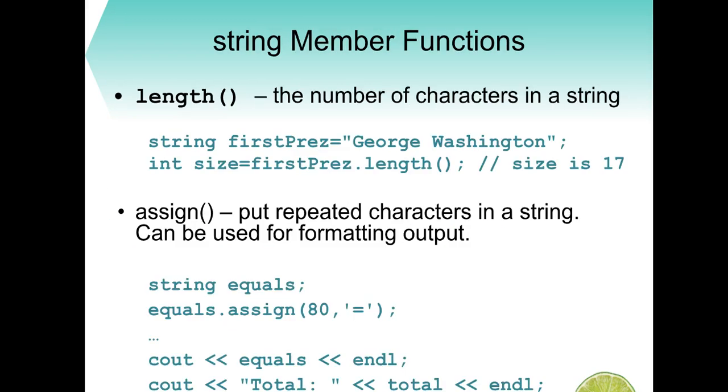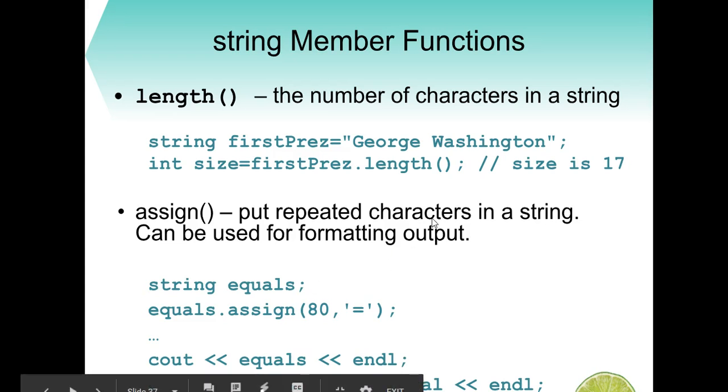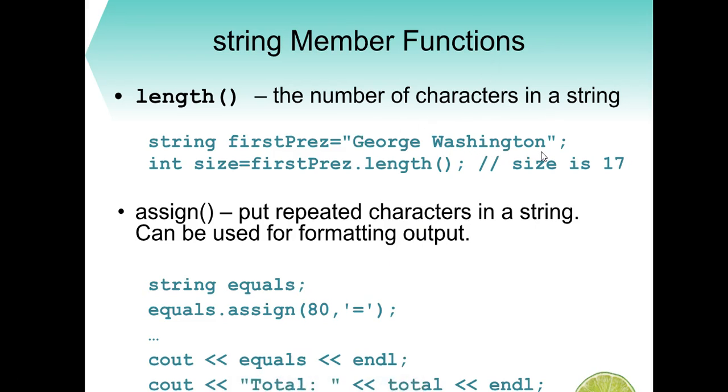You have several string member functions, which you're going to find if you go and look at the C++ library. One is called length, which is nice because if I need to count how long a word is, I can just use the variable name dot length with parentheses. I need parentheses here because it's calling a method, and it's going to tell me that's 17 characters long, instead of me counting them all one by one.